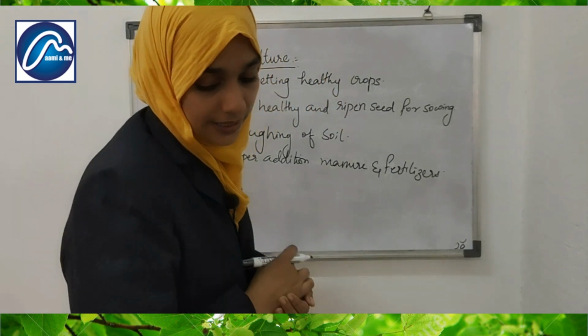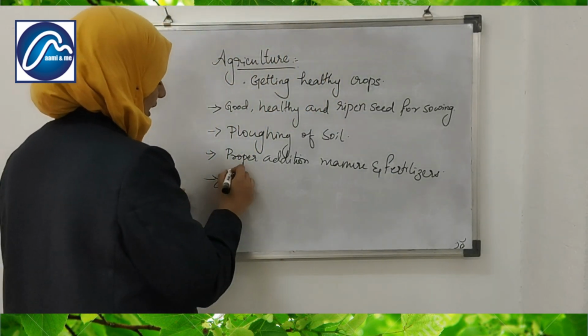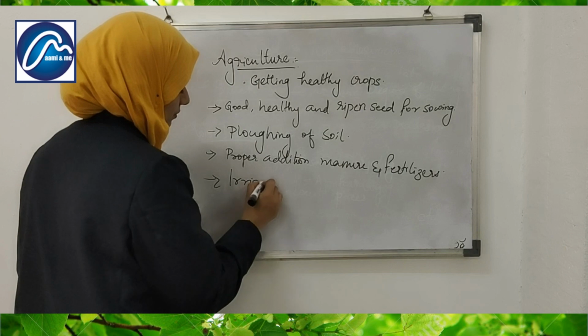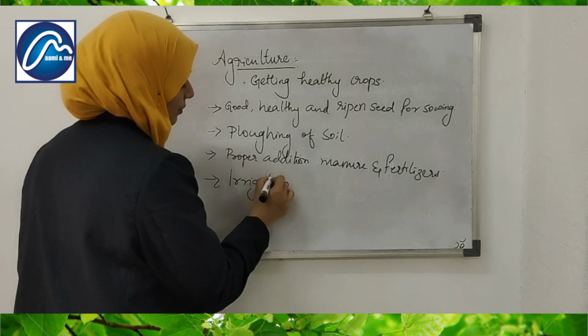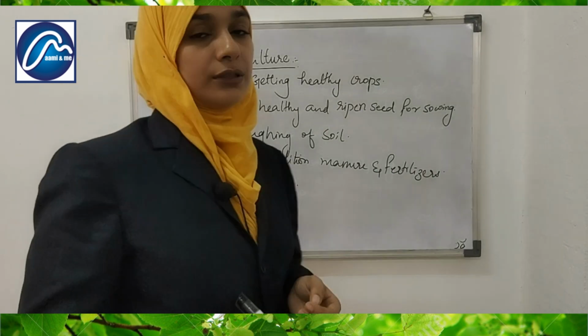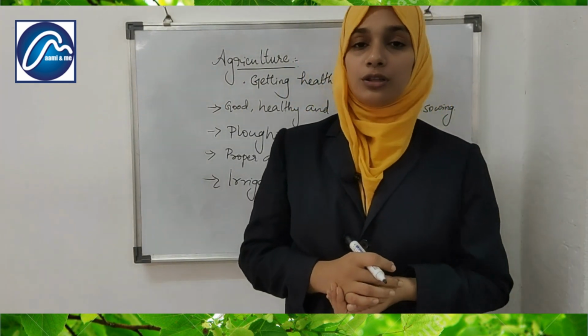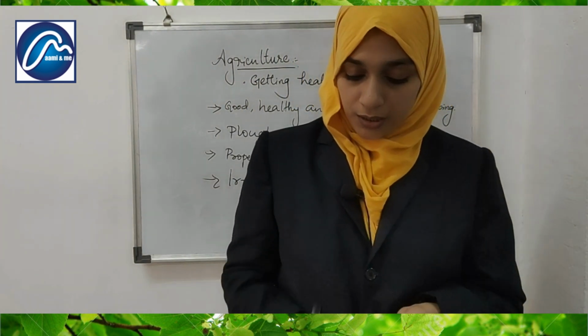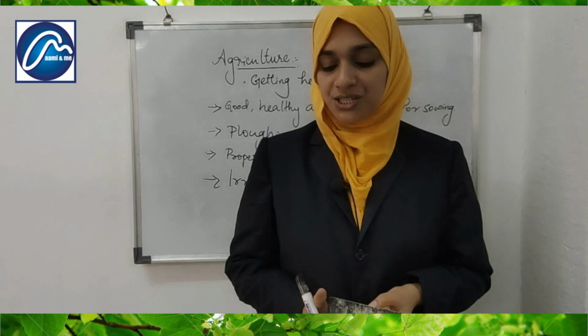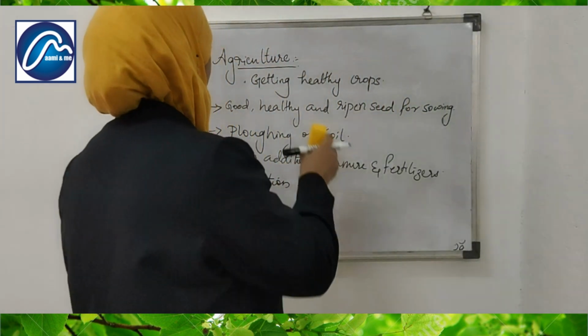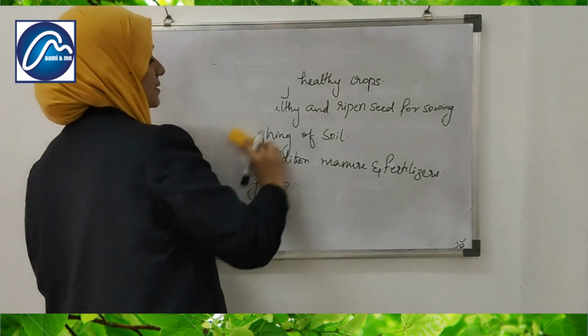Next, there should be proper irrigation. We have to supply a proper amount of water for the proper growth of crops. Then next, protection of crops and storage of seeds.